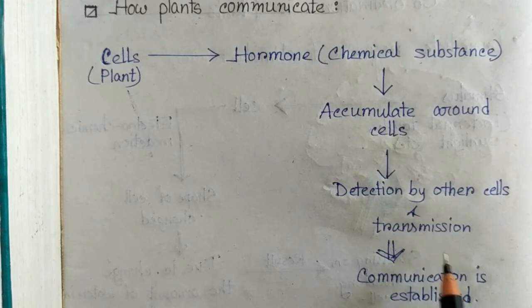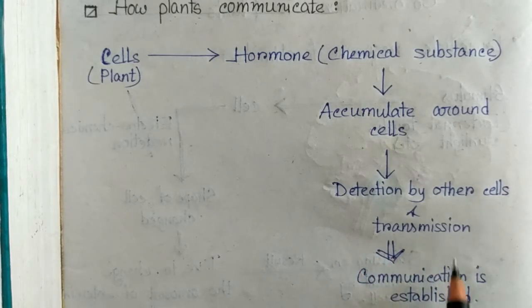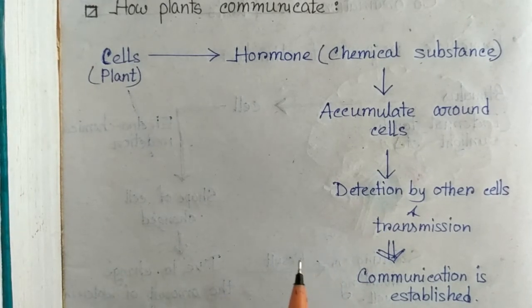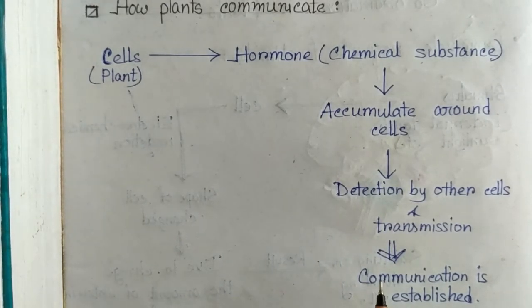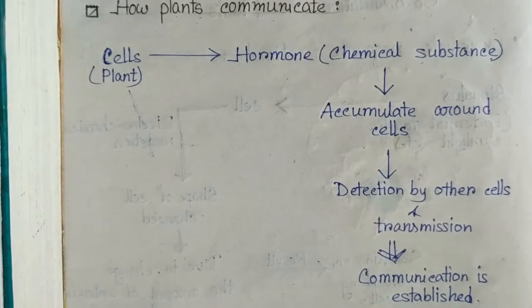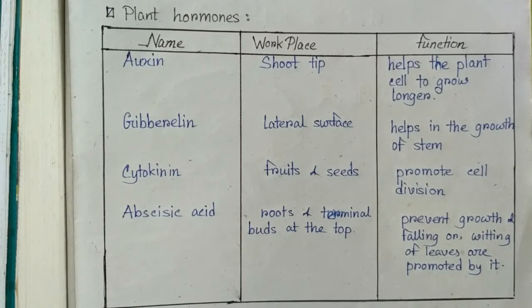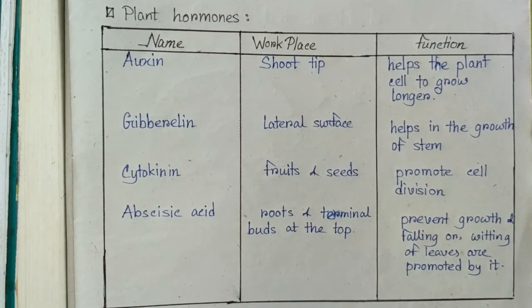This process continues the establishment of communication. But the total procedure is much slower than the animal nervous tissue or chemical communication by nerves. We found the term hormone in how plants respond or communicate with each other. Now we have to read different types of plant hormones.